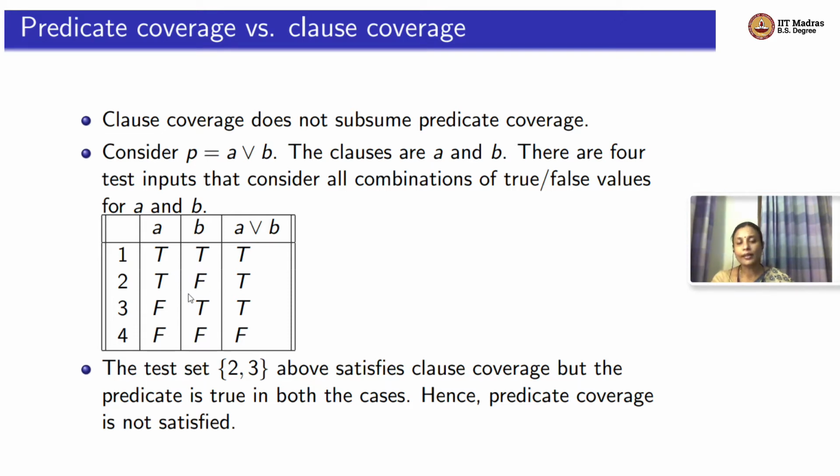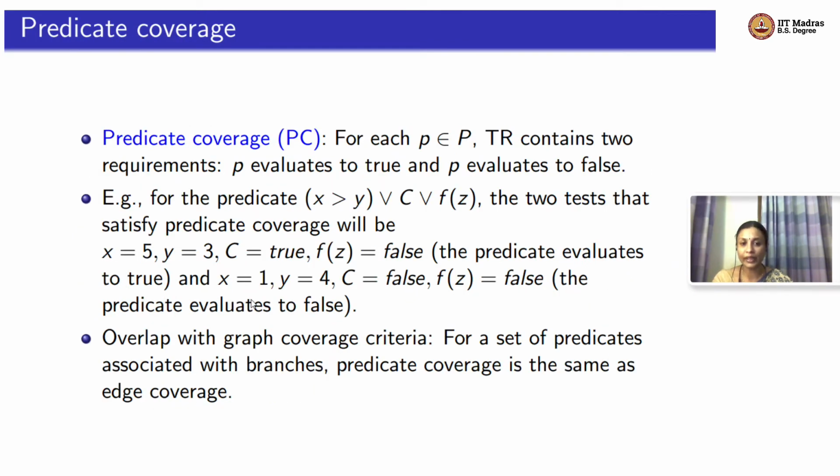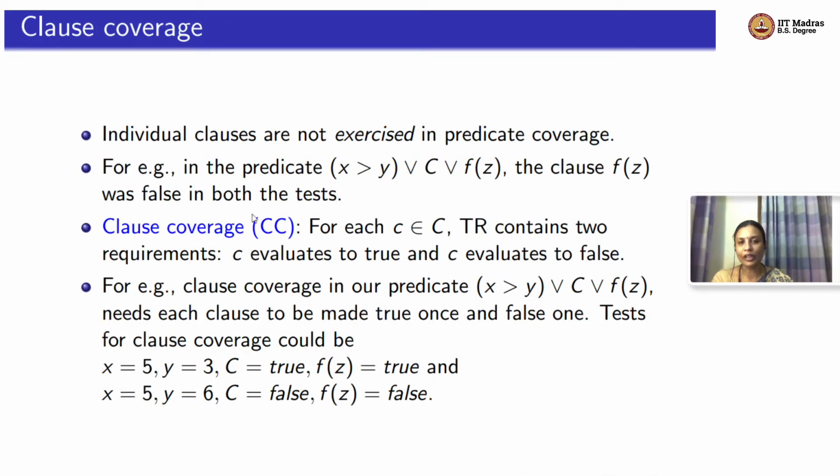In both the cases, we have achieved clause coverage, but what is the result of the predicate? If you see here, in both the cases, the predicate evaluates to true. So the predicate never becomes false. So clause coverage need not subsume predicate coverage. So here we saw in the first case, predicate coverage wasn't giving rise to covering every clause becoming true or false.